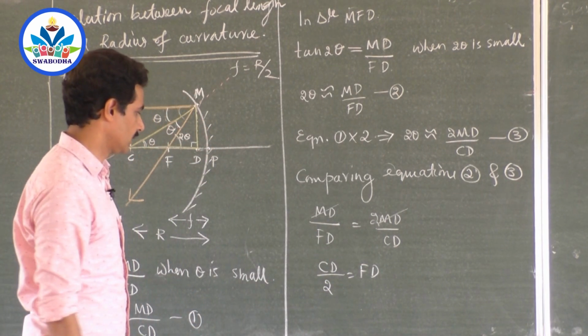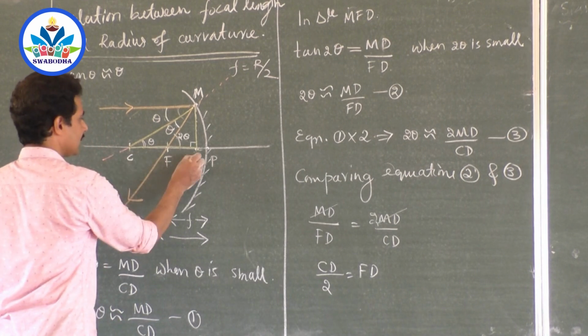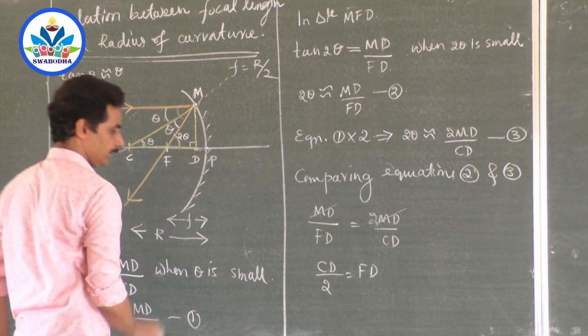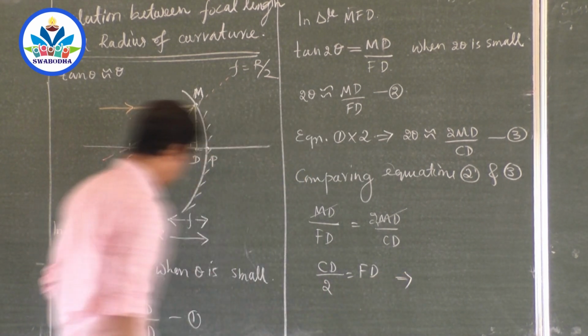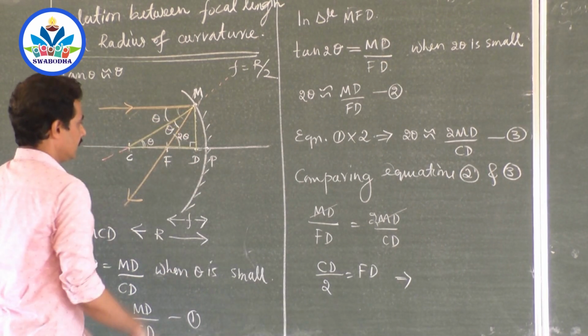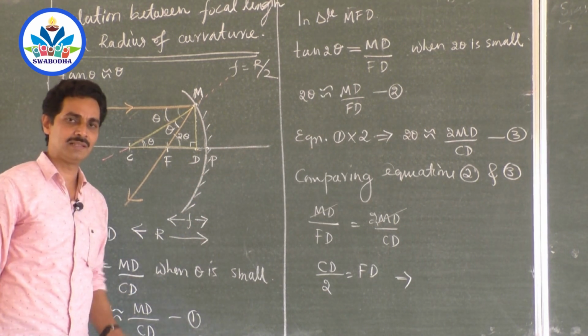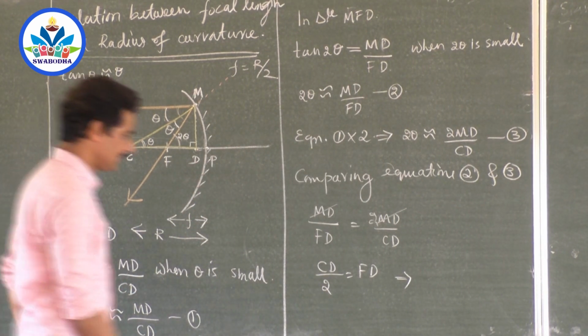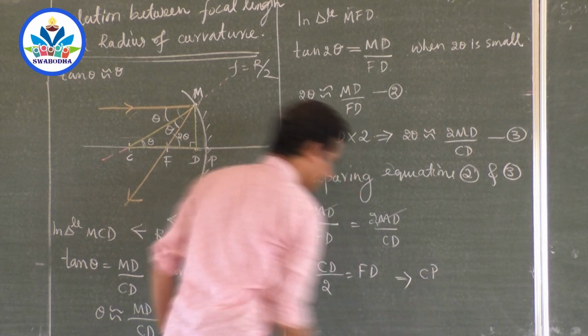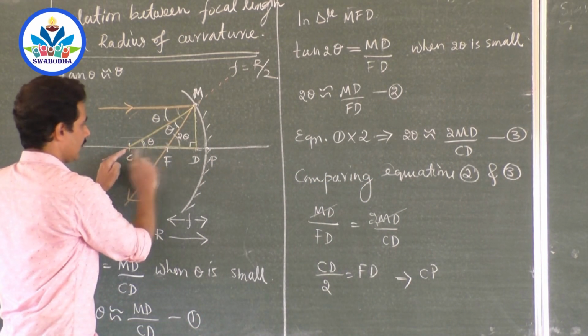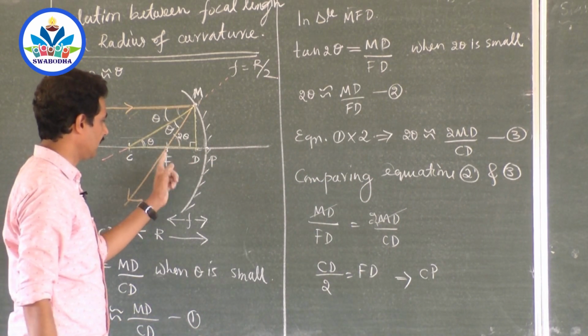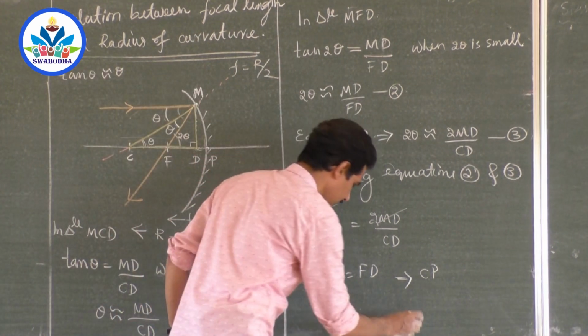CD by 2 is equal to FD, and you know that CD can be almost written as equal to CP. Because when the paraxial rays are incident, this ray is very close to here, and D and P are not much different, they are very close. So shall I write CD as almost equal to CP? What about FD? FD is almost equal to FP.